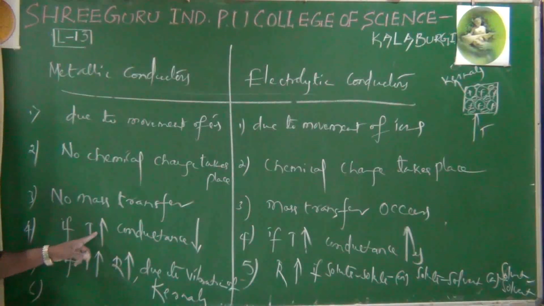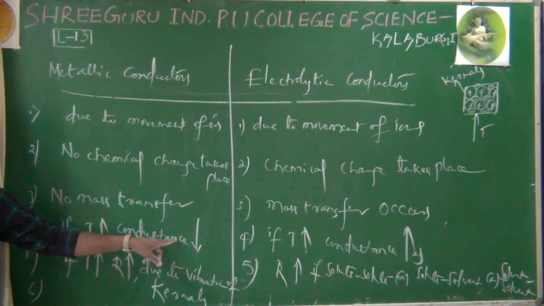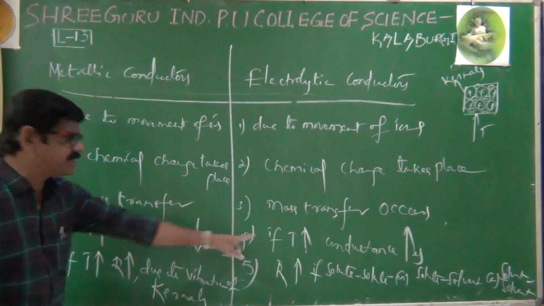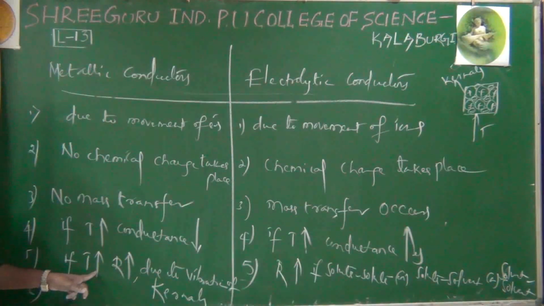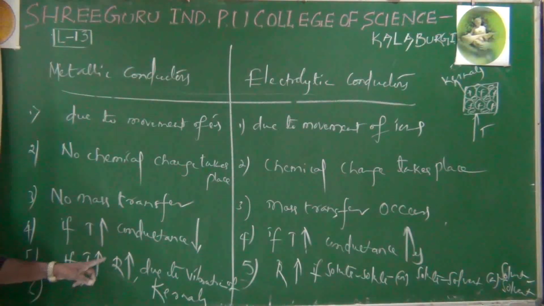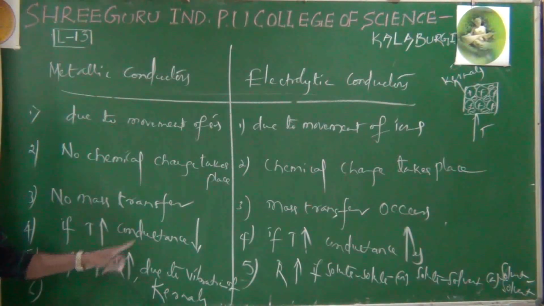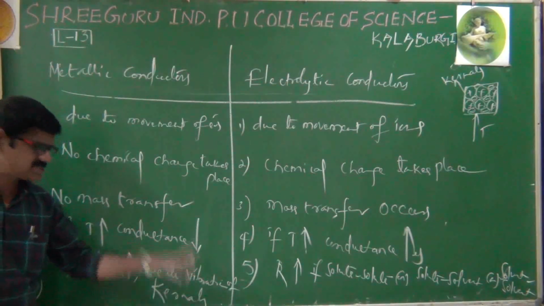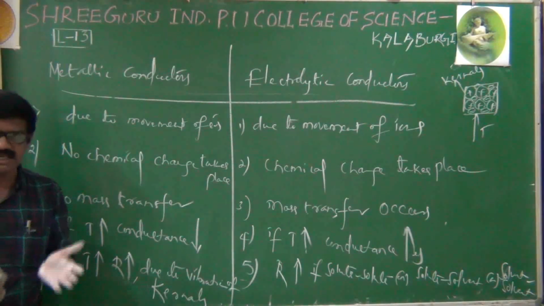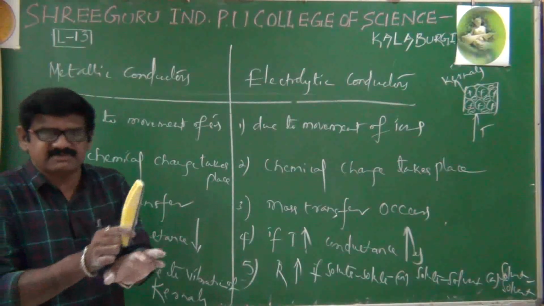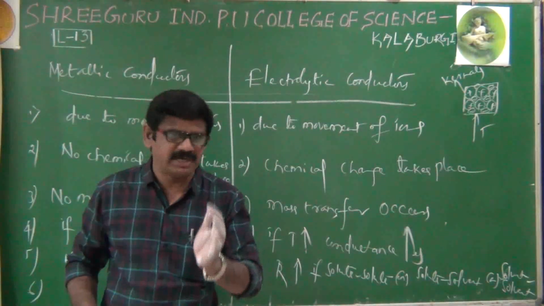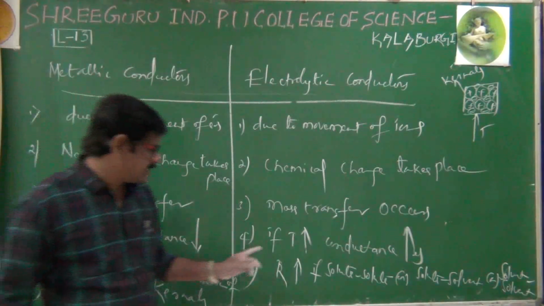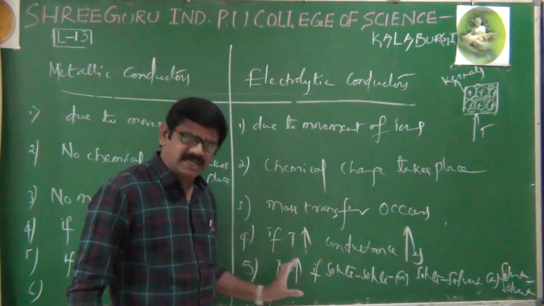Next, if temperature increases, conductance decreases here; here, temperature increases, conductance increases. Why it is happening, we have taken in the next point. If temperature increases, resistance increases, because conductance decreases means resistance increases. It is due to vibration of kernels. When temperature increases, kernels vibrate, and because of that vibration, electrons' movement is disturbed. That's why conductance decreases and resistance increases.